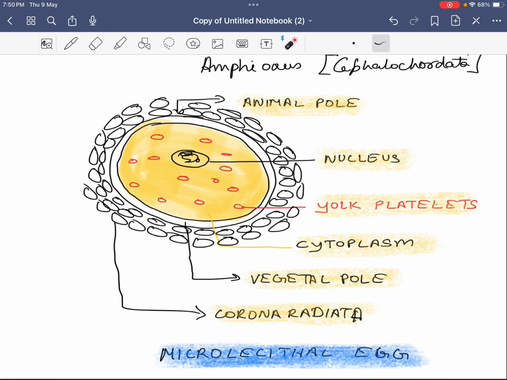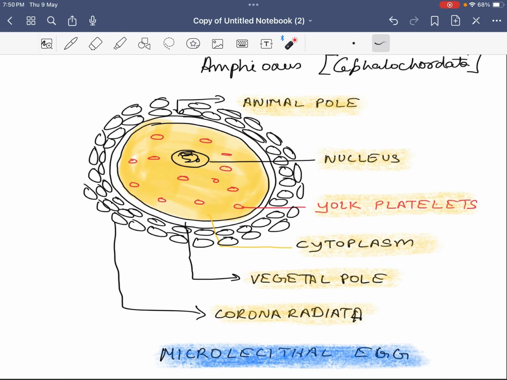So remember, whatever type of egg it is, it will have general features: an animal pole, the region near the nucleus; opposite to the animal pole, the vegetal pole; and a central nucleus region with genetic material, filled by the fluid material called cytoplasm with a lot of organelles.